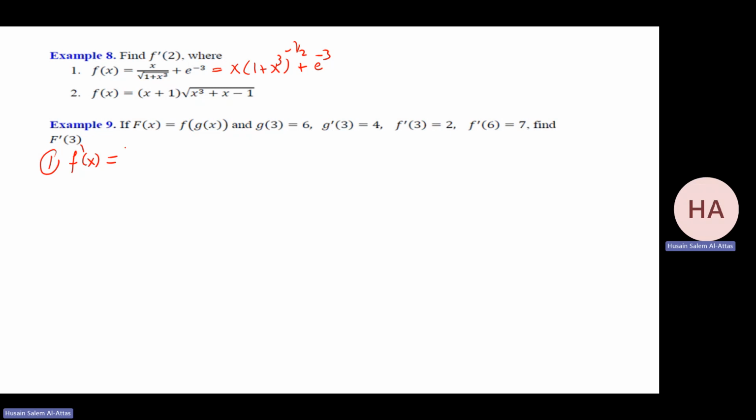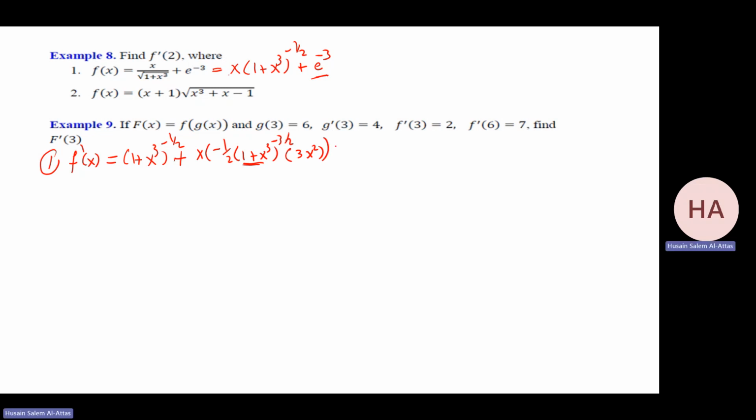So it will be 1 plus x cubed to the power minus half. This is going to constant, gone out. This is the derivative of x, which is 1, plus x times what? Minus half 1 plus x cubed to the power minus 3 over 2 times derivative of this, which is 3x squared.